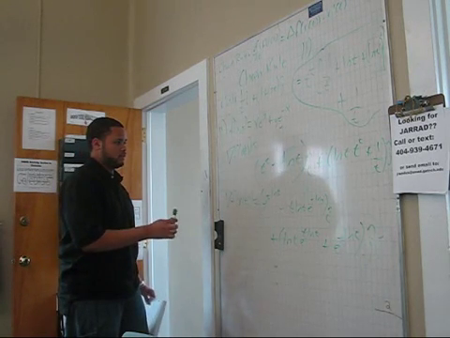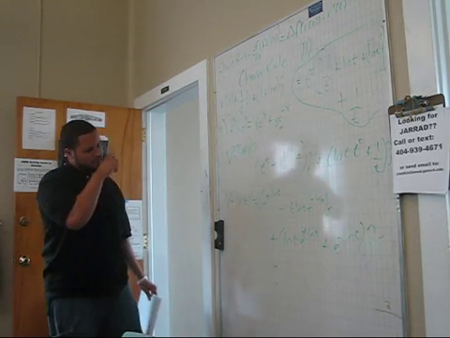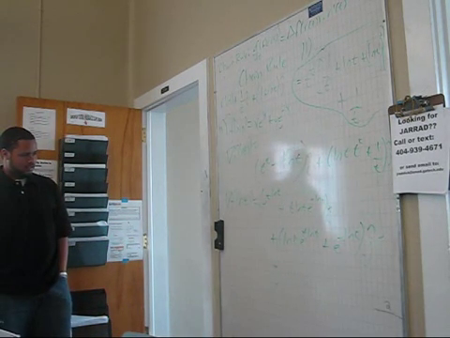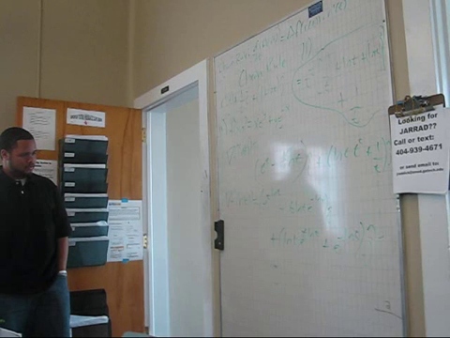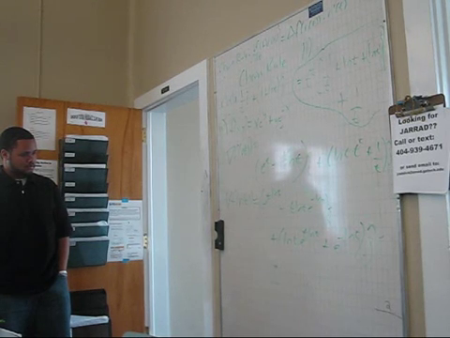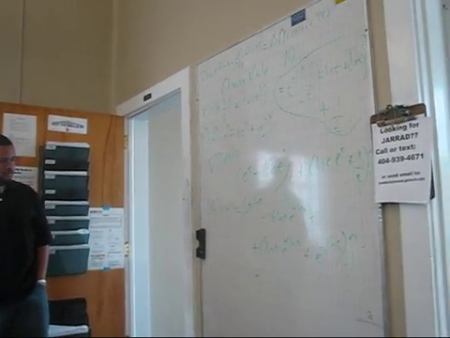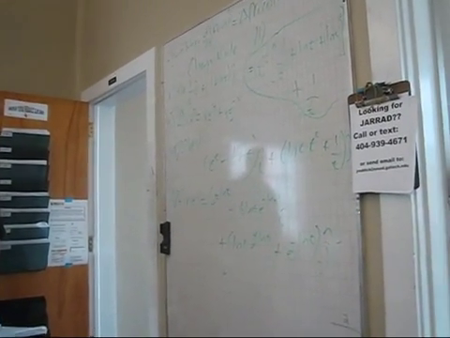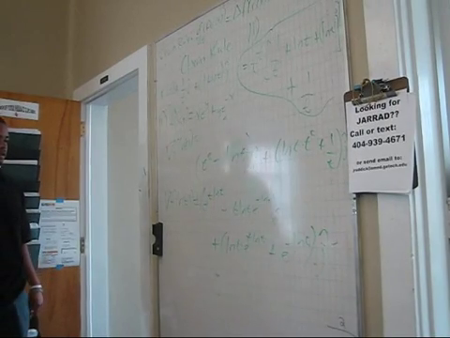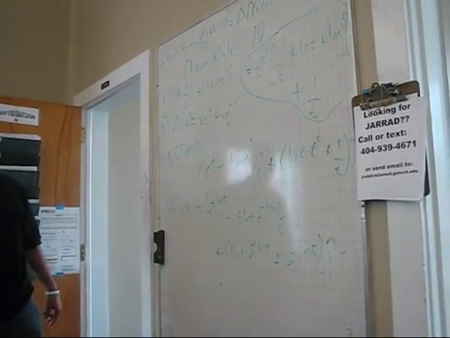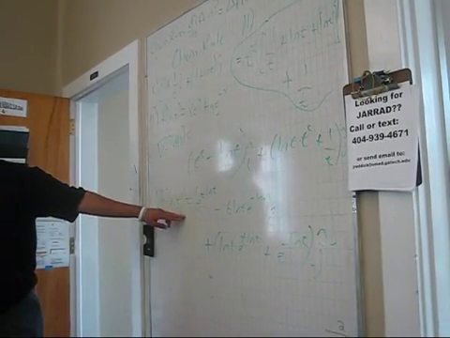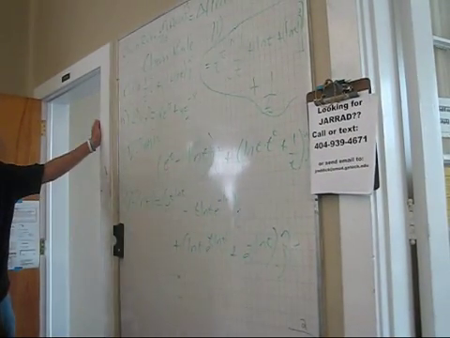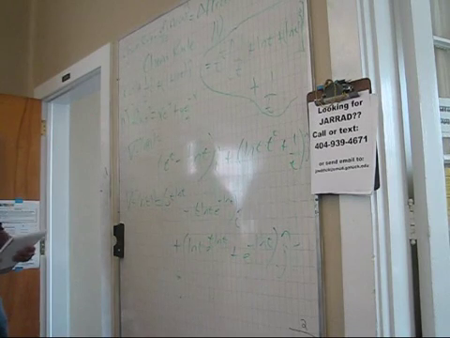Let's just talk about how we simplified the gradient. So you're talking about how we went from here to here?